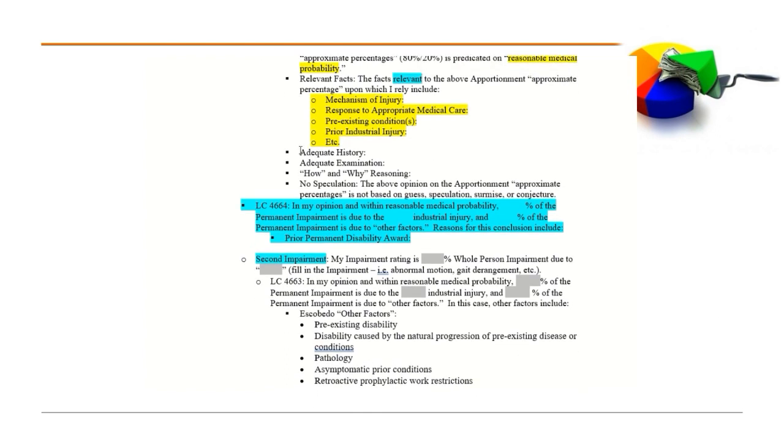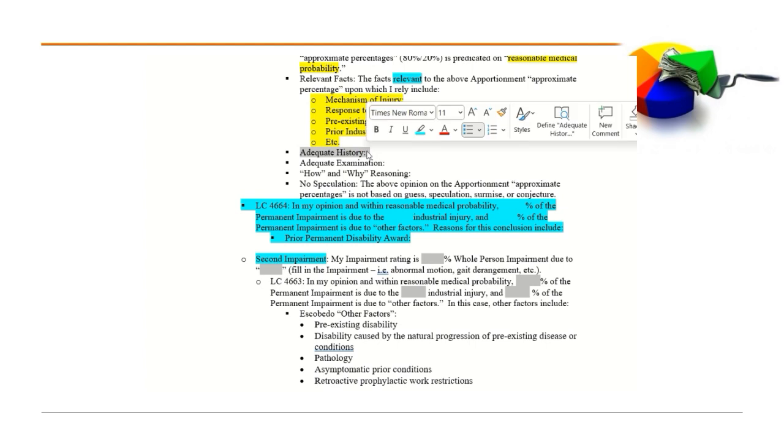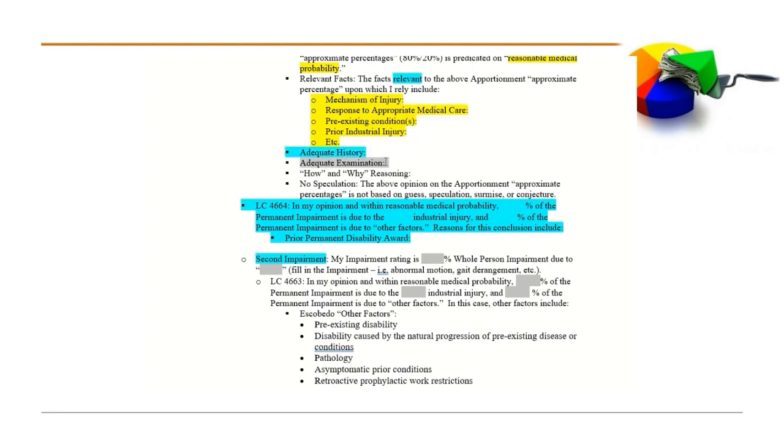You tell us what it is from the history that supports your apportionment approximate percentages. What did you discern from the physical examination that supports your apportionment approximate percentages? You give us your how and why reasoning here as to how I arrived at 80% is because XXX, and you tell us how you came to that number.